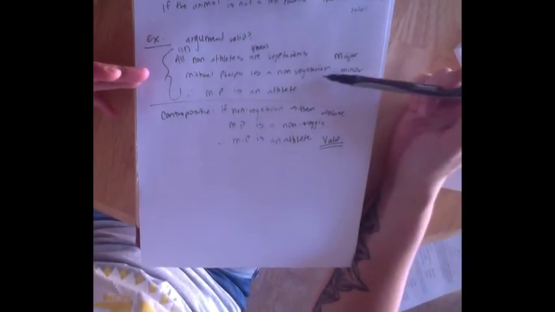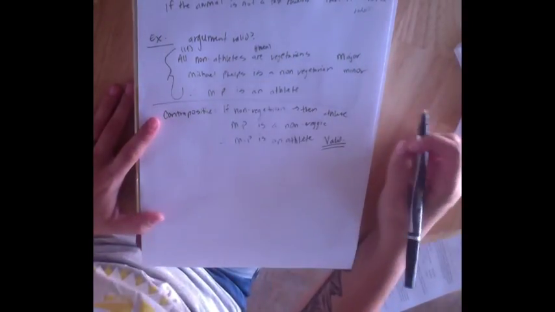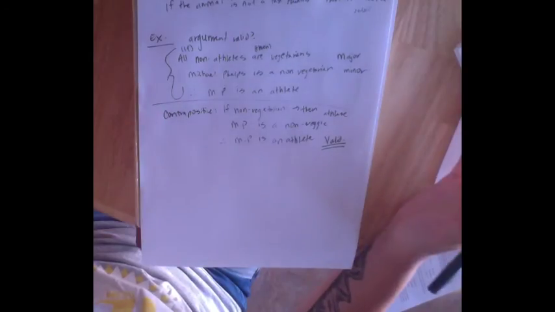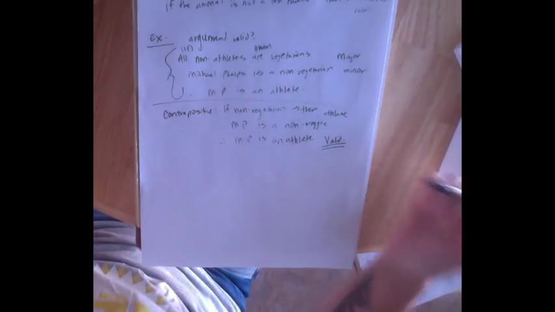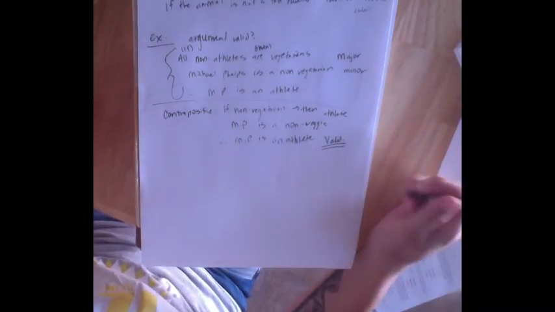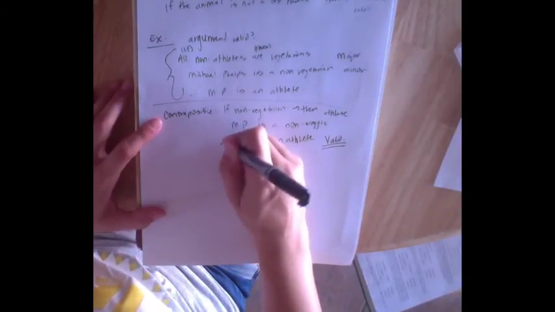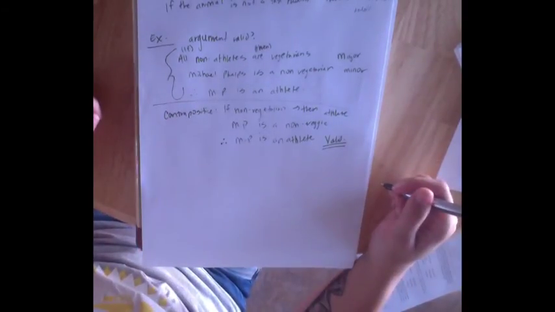If you look at just this first statement, we don't know if Michael Phelps is an athlete because we only know all non-athletes are vegetarians. But this says Michael Phelps is a non-vegetarian. We have no idea what a non-vegetarian is until we look at the contrapositive. Then the contrapositive tells us that if we have a non-vegetarian, then they are an athlete. Michael Phelps is a non-vegetarian, therefore he is an athlete.